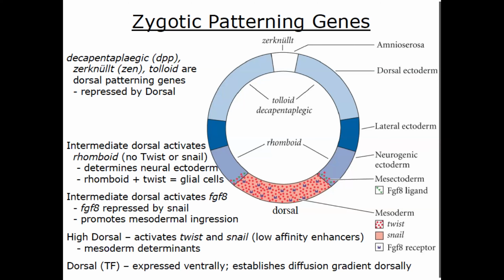One is localized translation, as is seen for gurken mRNA. Secondly, the utilization of microtubules and the different motors, the plus and the minus ended motors. Depending on the cargo, some cargoes bind to plus ended motors, some cargo bind to minus ended motors.